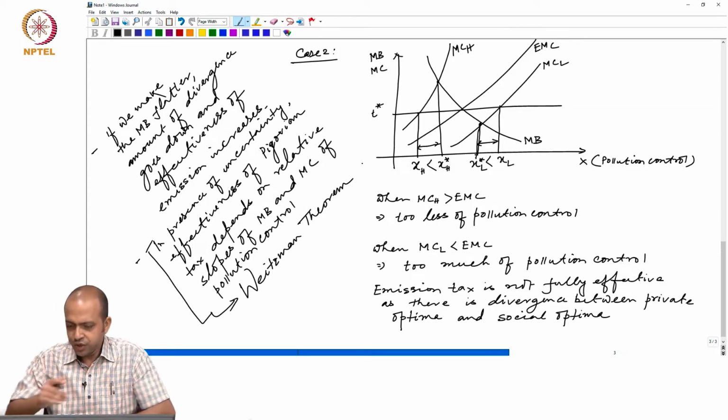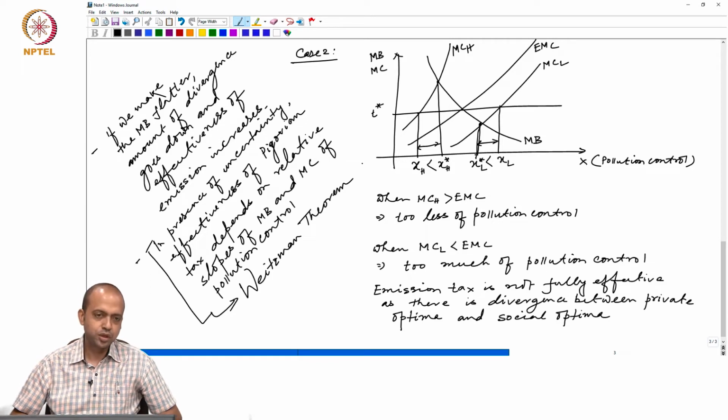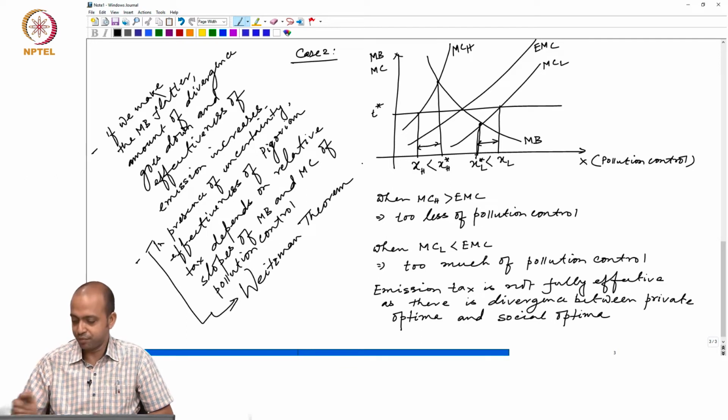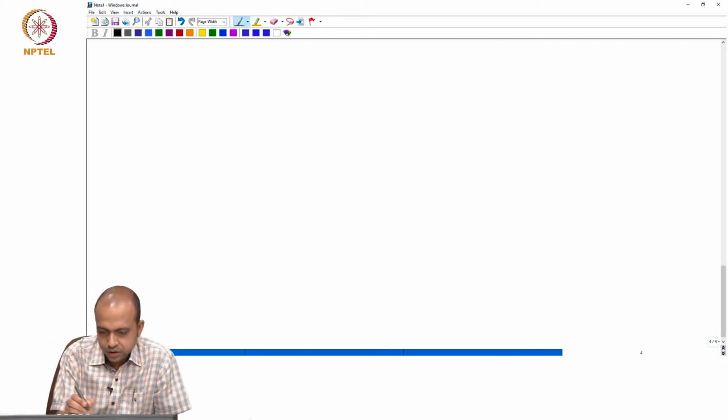right. Now, in case 3, if we assume that the regulator knows the MC curve with certainty, but MB is unknown, what will happen? Okay. This is case 3.